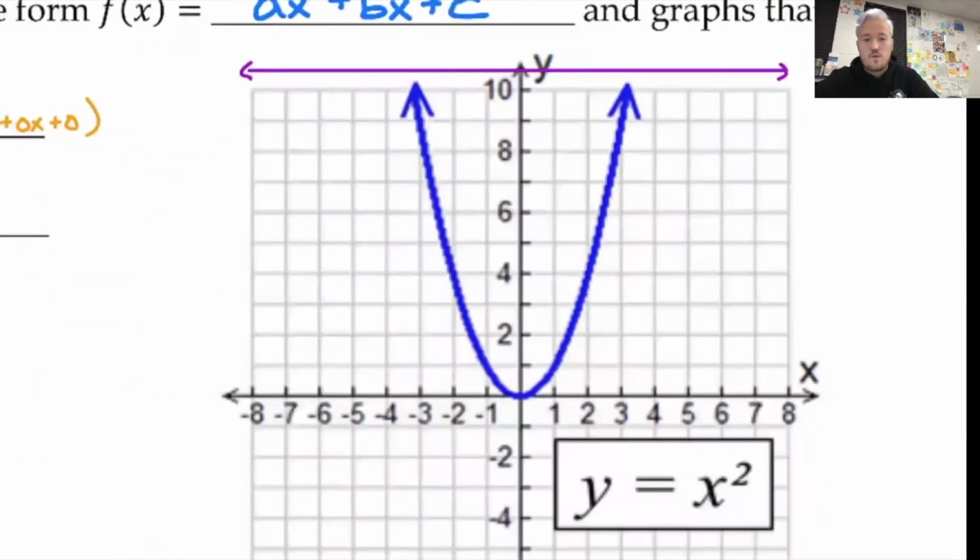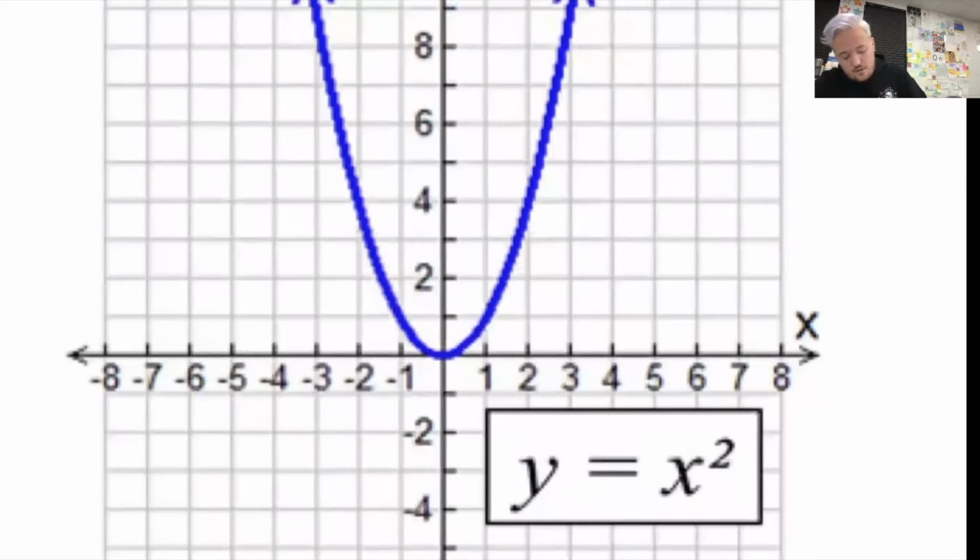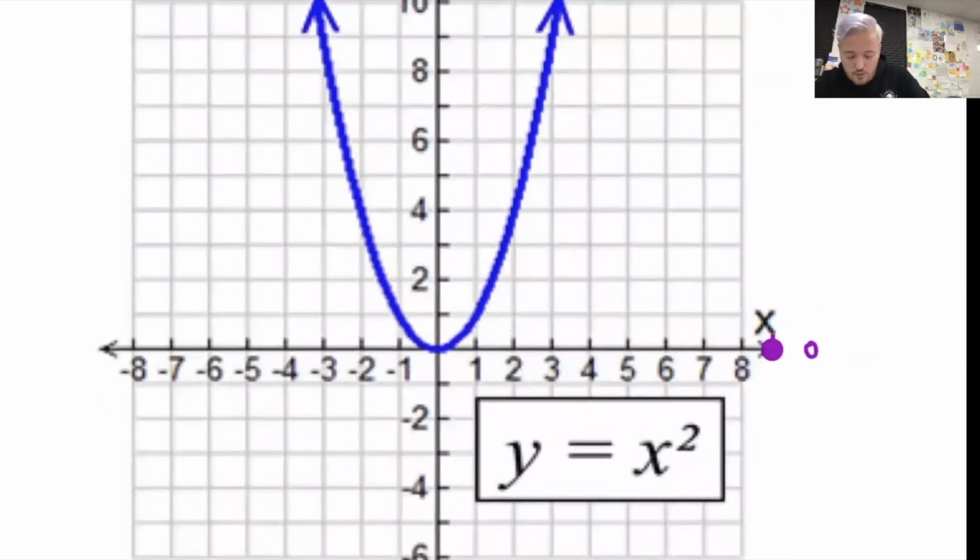Notice how it dips all the way down to 0, and it equals 0, so it's a closed circle. That's at 0. And then it goes all the way up indefinitely. It never stops going up. So our range here is y greater than or equal to 0. That's where the range comes from.